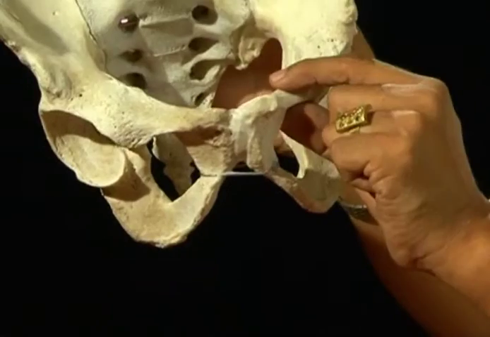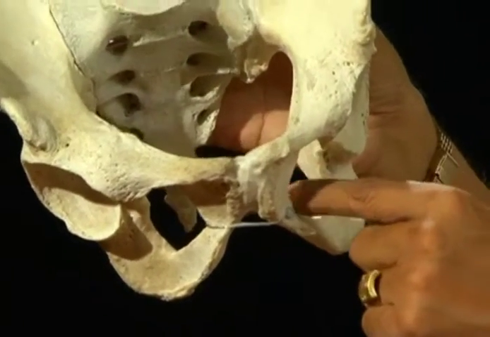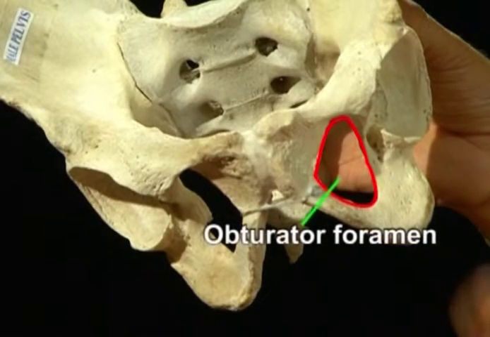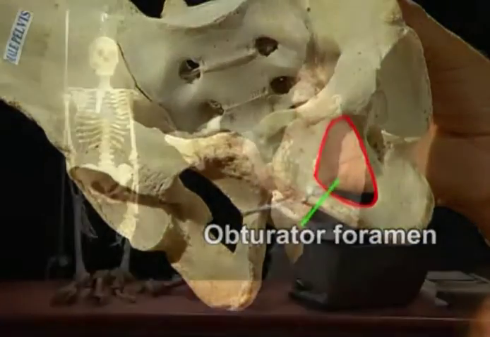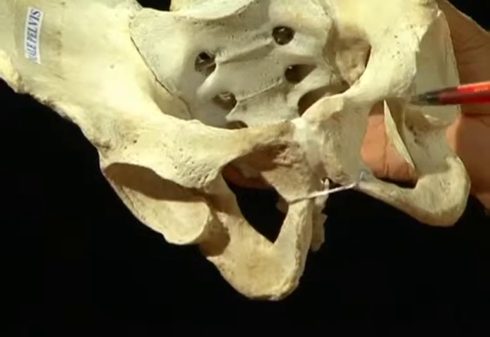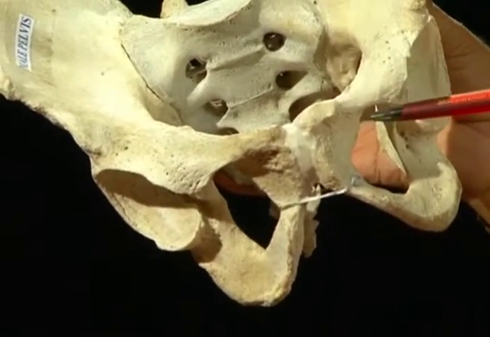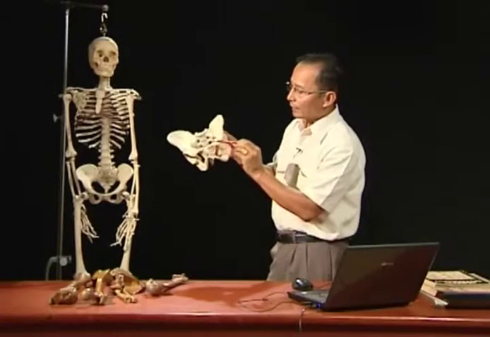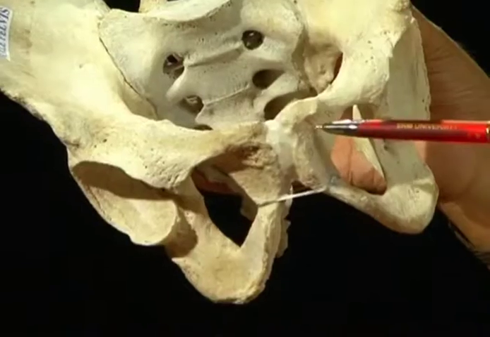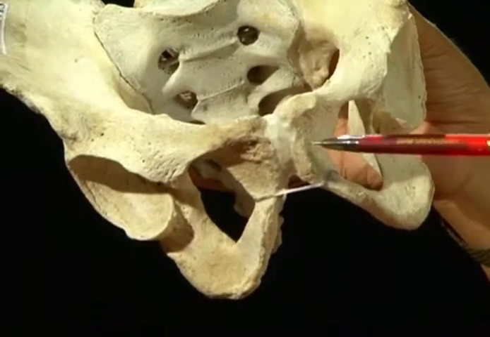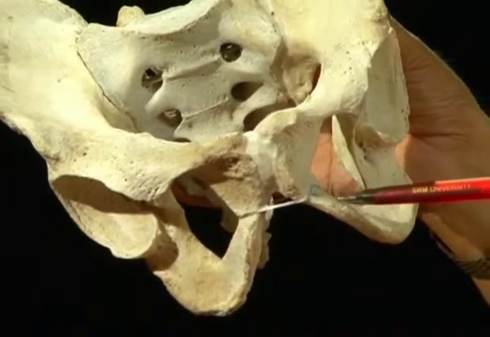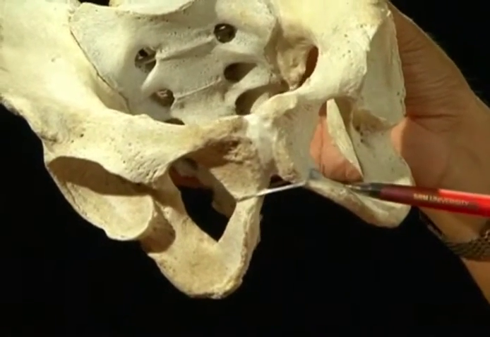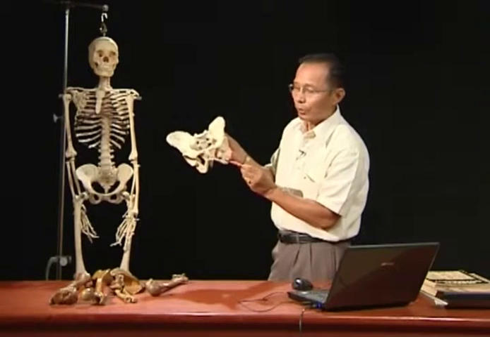The upper part of this hole is called the obturator foramen. The upper part of the obturator foramen of the pubis bone is one ramus, and the second ramus is the lower part, which forms a part of the obturator foramen and fuses with the ischium bone.